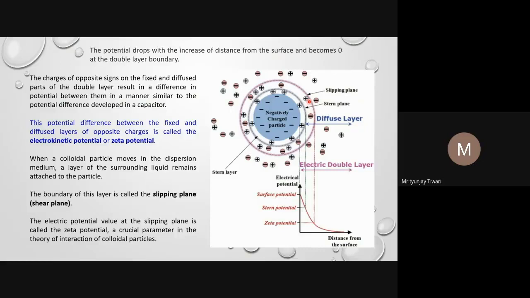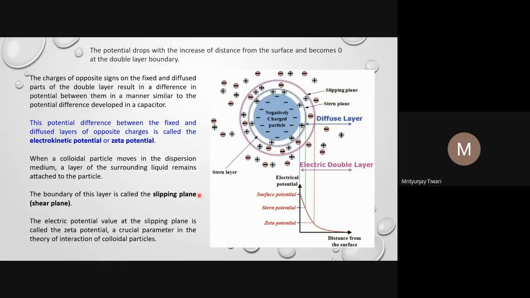We also see that up to a certain distance from the colloidal particles, even the dispersion medium and the charges move along with the colloidal particles. As we know, colloidal particles are in continuous random motion in the colloidal solution, and this motion we call Brownian motion.